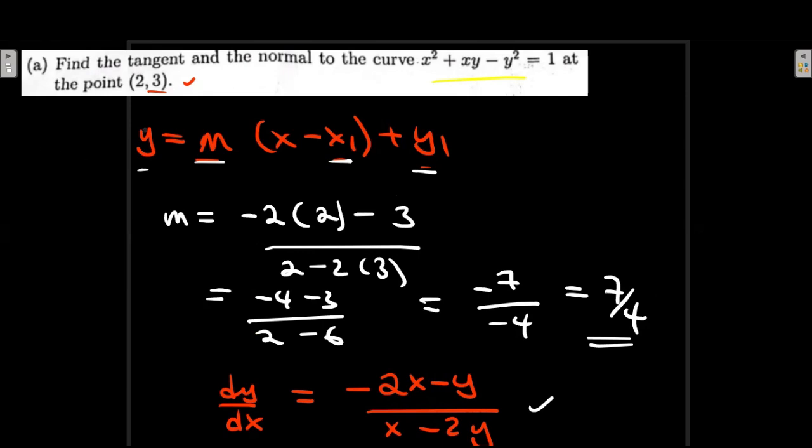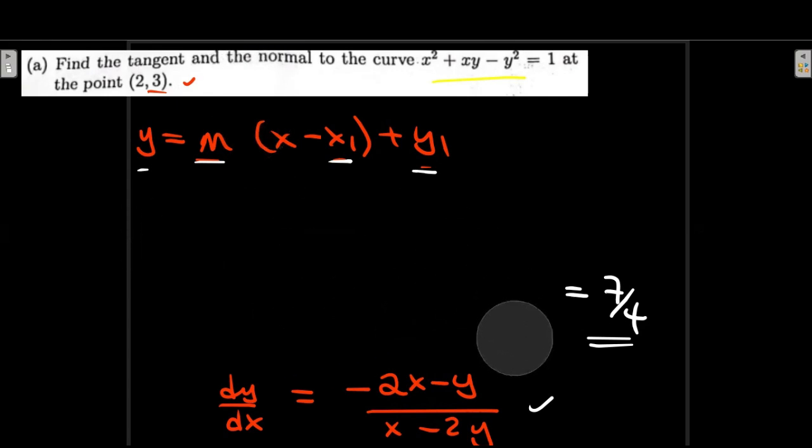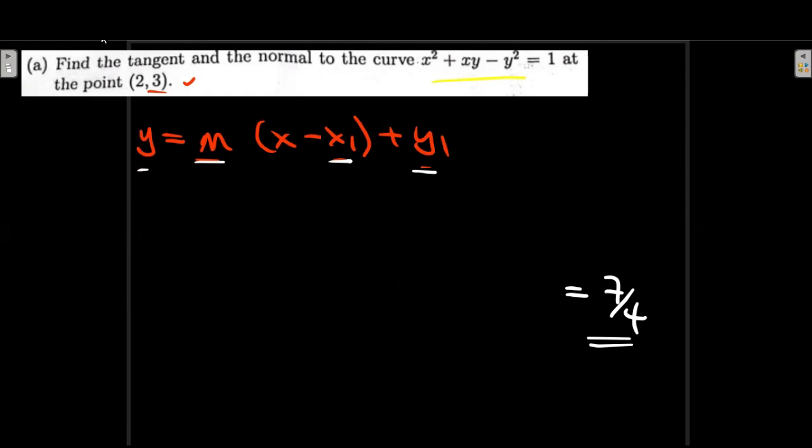Now, what next do I do from there? After finding the gradient, I can now replace it in the equation there. So replacing it in my equation, I have y, my gradient is 7 over 4, then x, my x1 is just 2, so that will be -2, then my y1 is just 3.